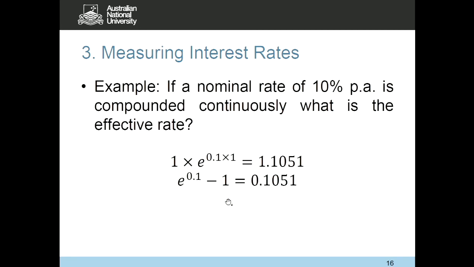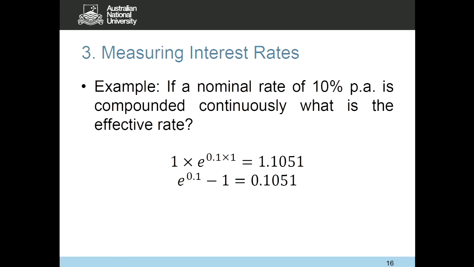Okay, so here is one example. It says, if a nominal rate of 10% per annum is compounded continuously, what is the effective rate? In other words, it's asking you, what is your actual earning over the course of a year?